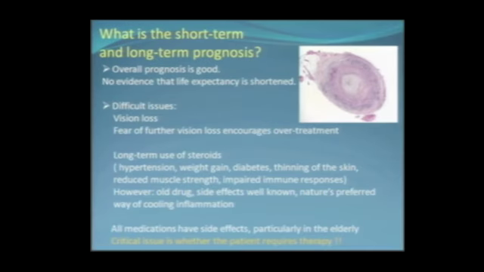The long-term use of steroids is not an uncomplicated issue. You're all very familiar with this, I know. There is hypertension, weight gain, diabetes, thinning of the skin, reduced muscle strength, impaired immune responses. However, again, this is an old drug. We have had it for about 65 years. We know everything about it. There's nothing hidden in the closet.